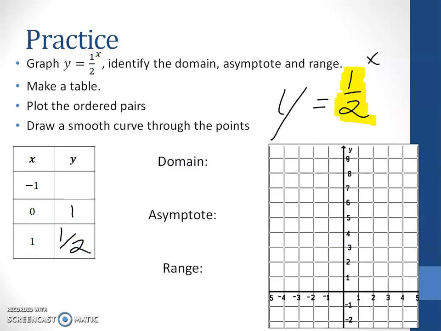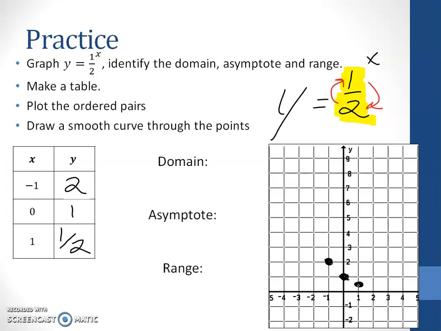And then -1, again dealing with the base, but it's going to be the reciprocal of that base. So we're going to flip this fraction. Well, that's going to make that a 2 over 1, and a 2 over 1 is 2. So the 3 points that I'm going to have on this are -1, 2, 0, 1, and 1, 1/2.